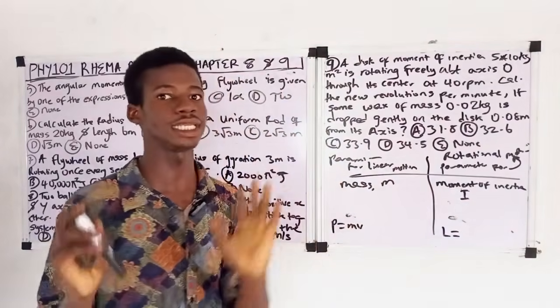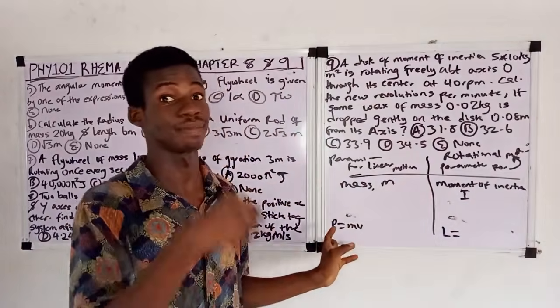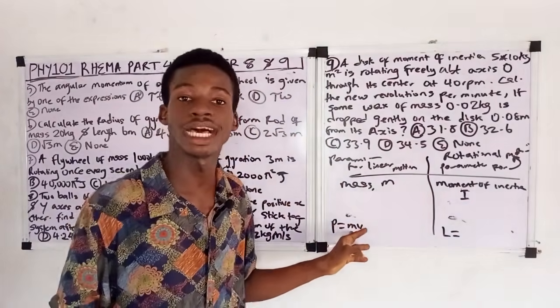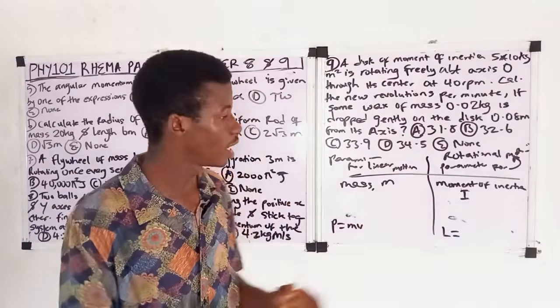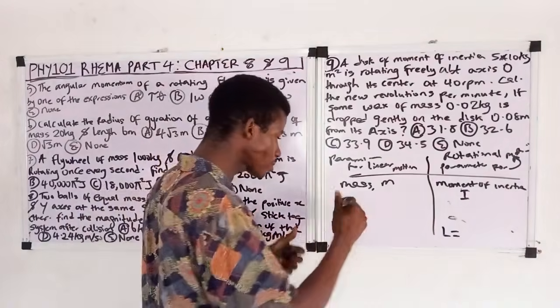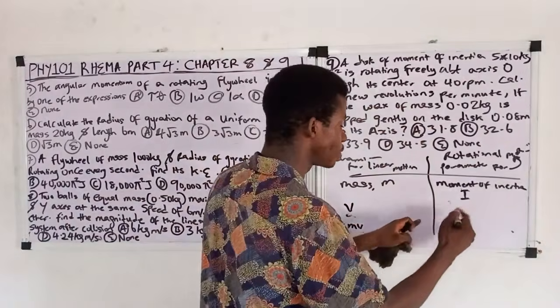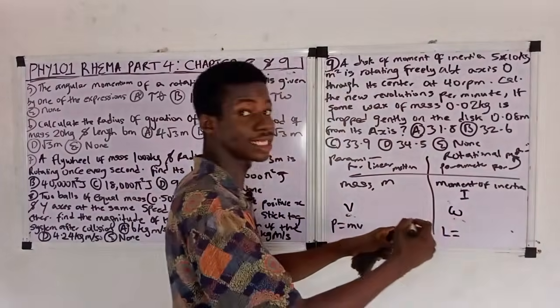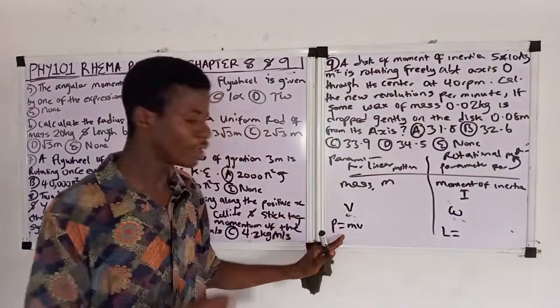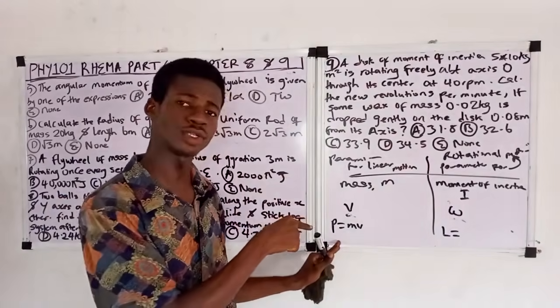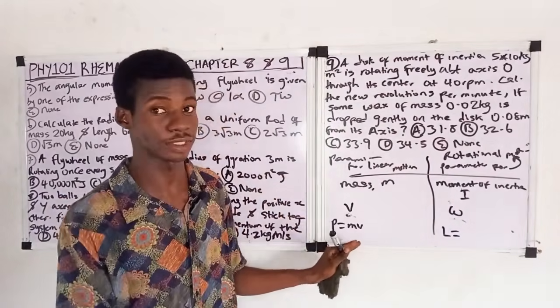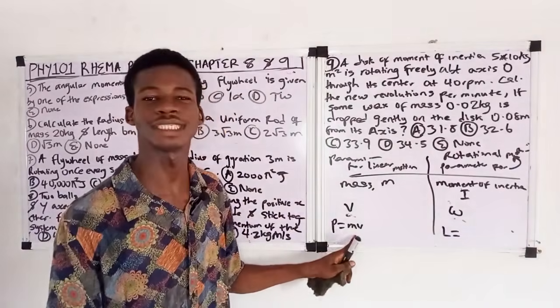In linear terms, momentum, represented by the letter P, equals mass times velocity. In angular terms, velocity becomes angular velocity.